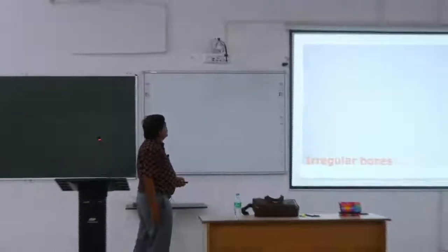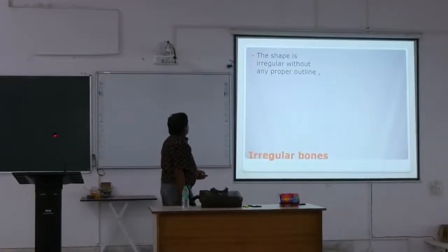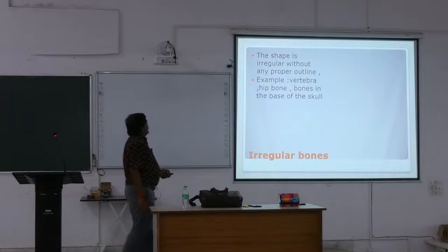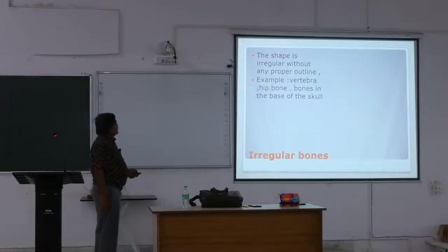Irregular bone. The shape is irregular without any proper outline. Example, vertebra, hip bone, bones in the base of the skull.